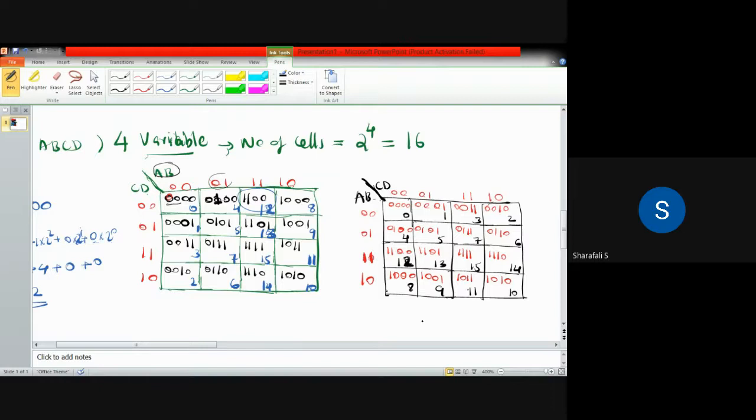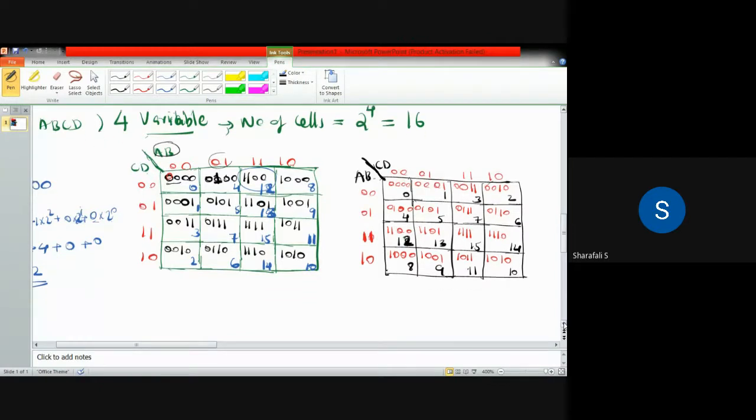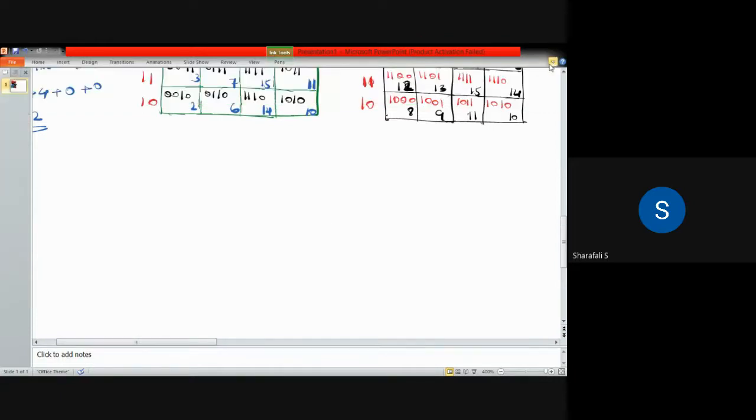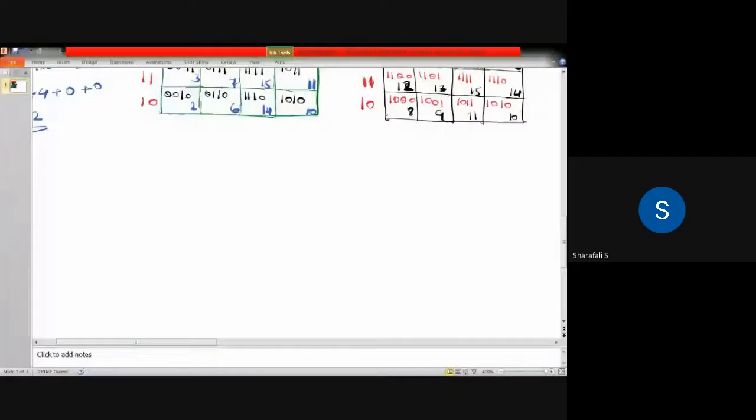Now we will discuss the filling of K-map. So filling of K-map, or we can simply write filling K-map.